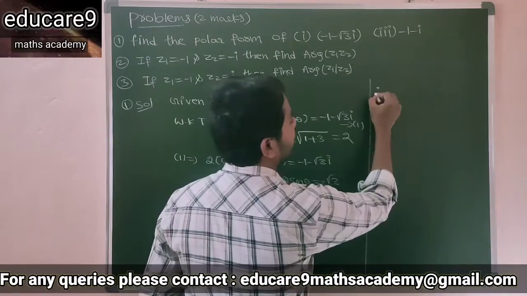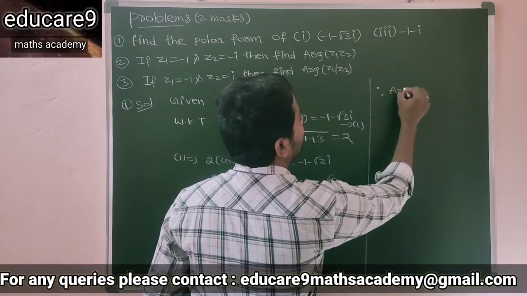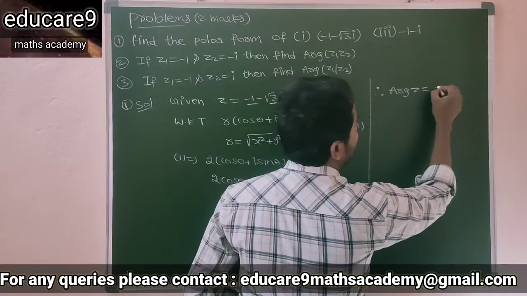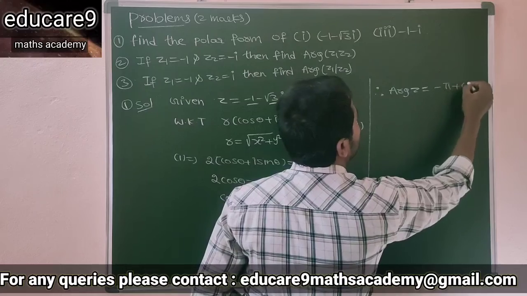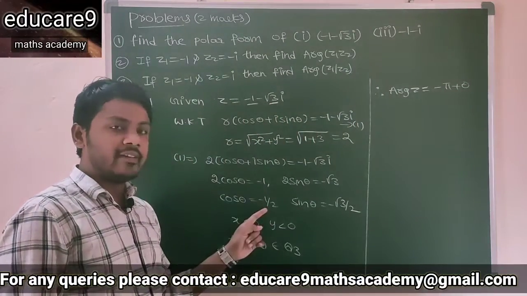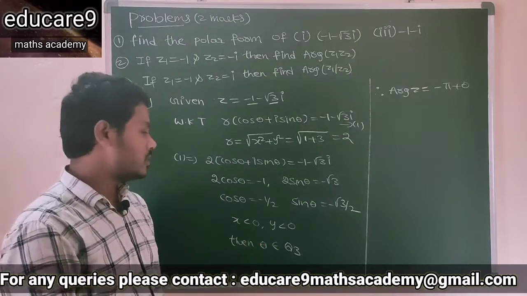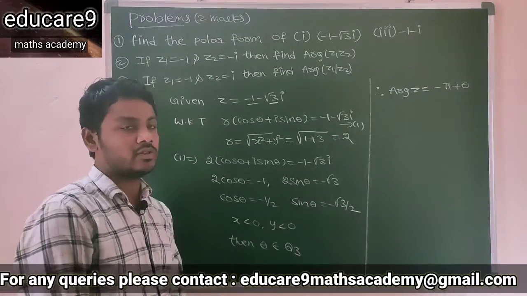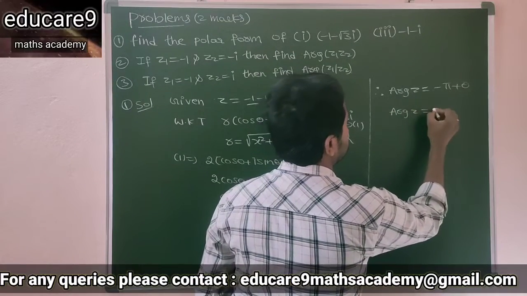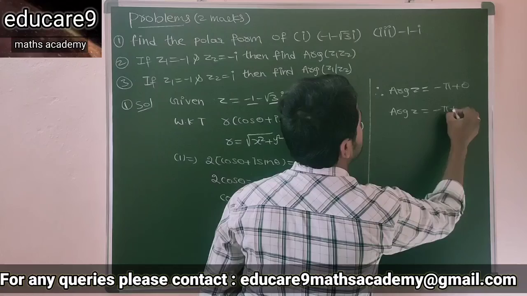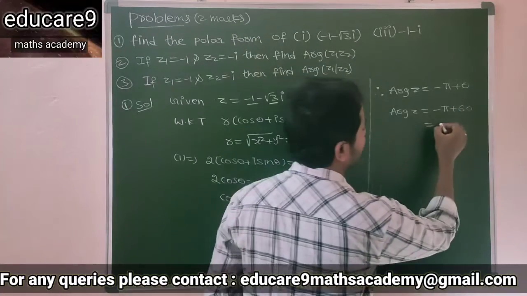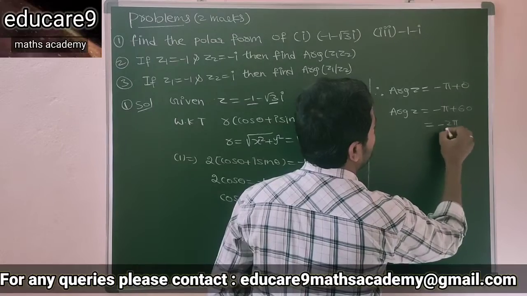So therefore argument of z is what? Minus pi plus theta. But what is the theta value? Theta value is 60 degrees. Cos 60 is 1 by 2, sin 60 is root 3 by 2. So therefore argument of z is equal to minus pi plus 60, so this is minus 120. It is minus 2 pi by 3.